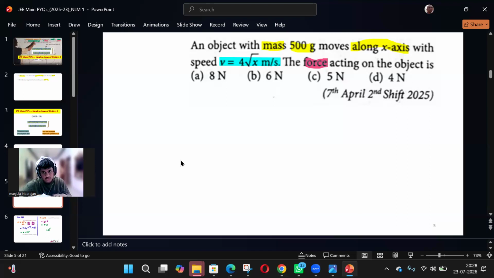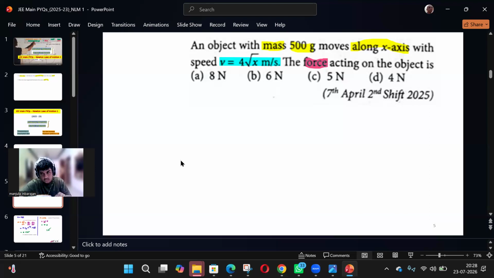So x raised to the half becomes half into x raised to the power minus half. Correct? dv by dt is the same as dv by dx into dx by dt. Chain rule. Is that clear? The velocity they have given is 4 root x. Is the derivative of root x 1 by x?